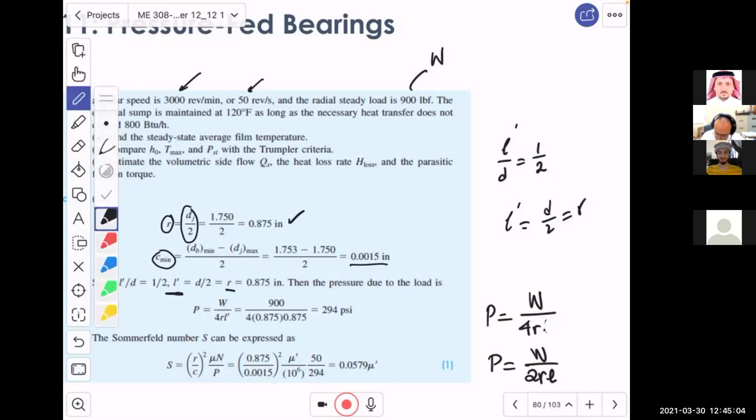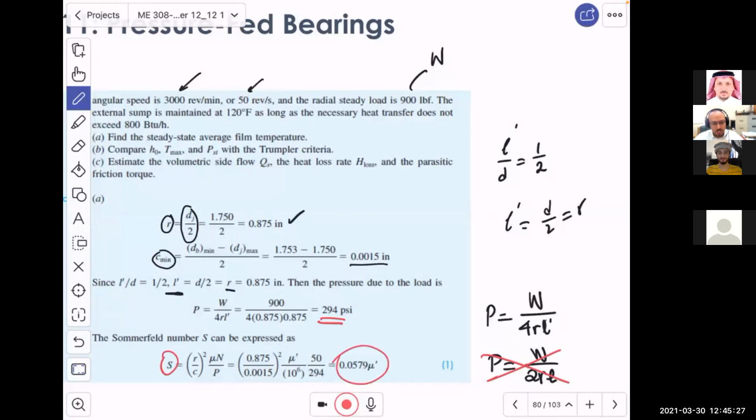I don't know why I did that. L prime. So you should not use this one. This is for naturally cooled bearing. And once you get the pressure, we are in the same story. Same story. We get S as a function of the viscosity, and then we can follow.